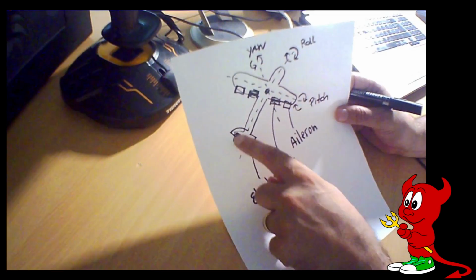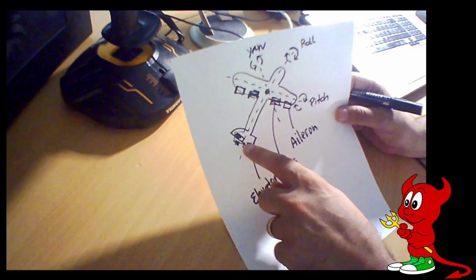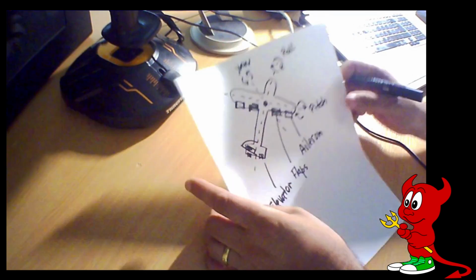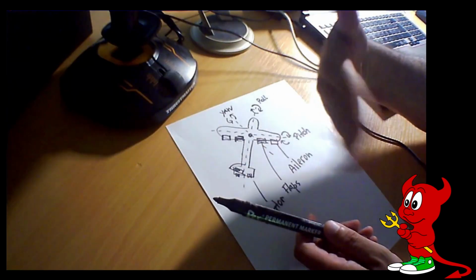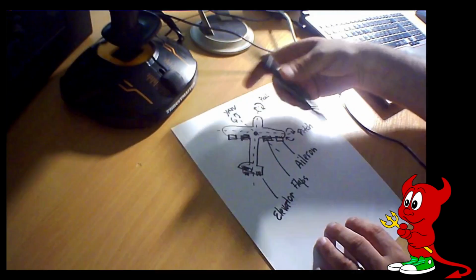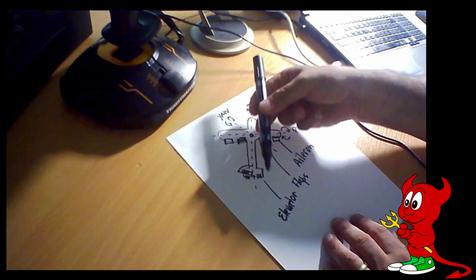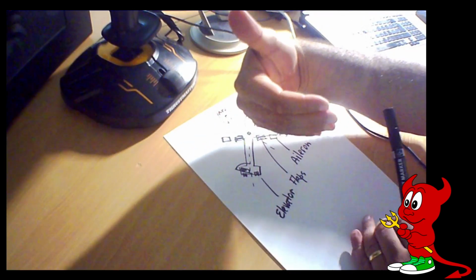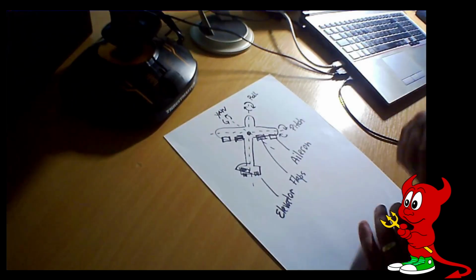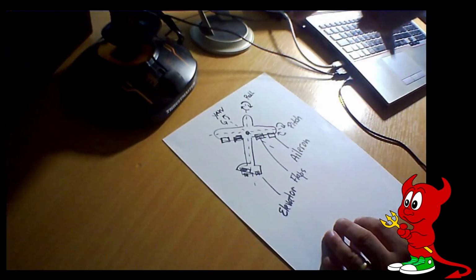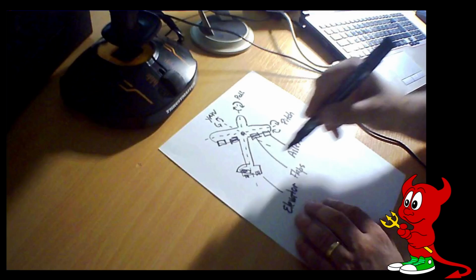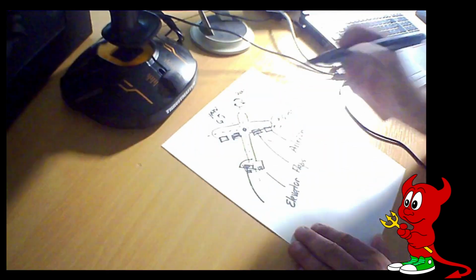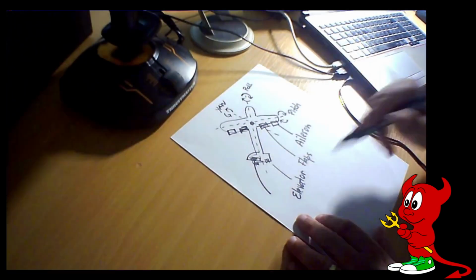On this part here, we also have one part on the tail that can go left or right, and if the air is going in this direction and if this part is on this side, then it's going to start yawing in the clockwise direction. This element here is called the rudder.